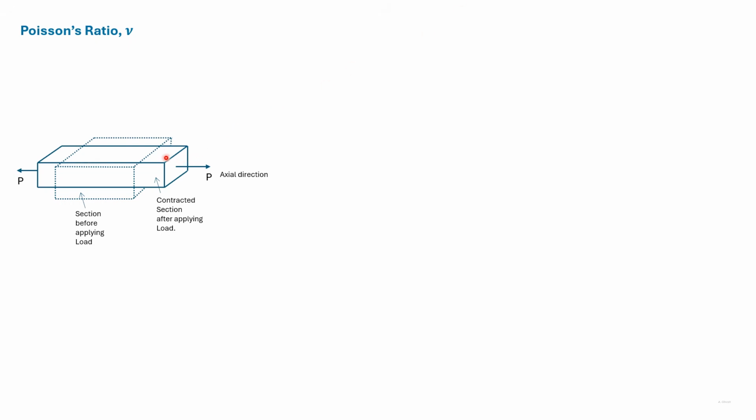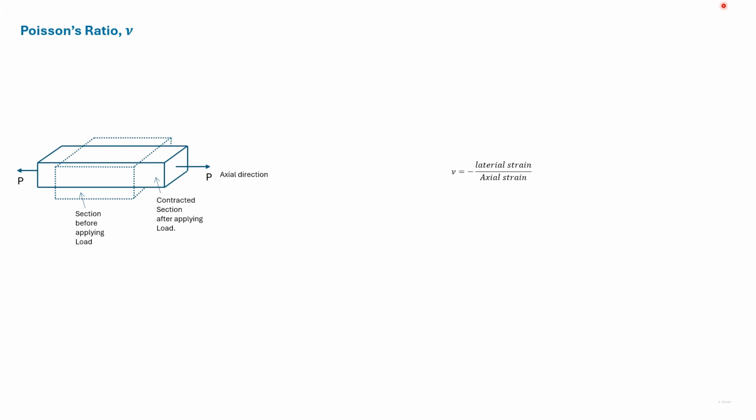After application of loads, the length of the body has increased in the direction of the load. However, the cross-section has contracted. The contraction here is shown in an exaggerated manner.